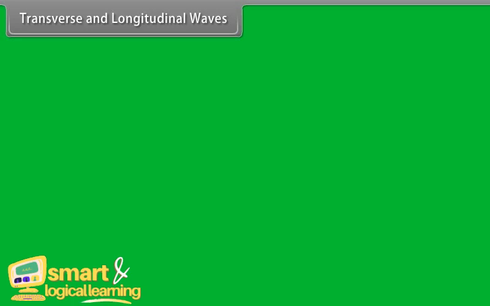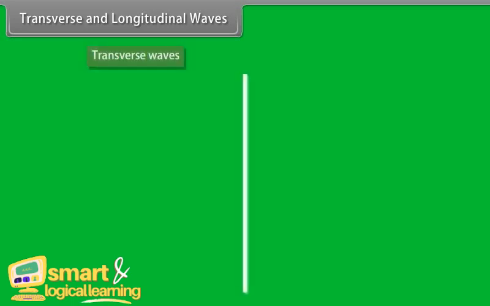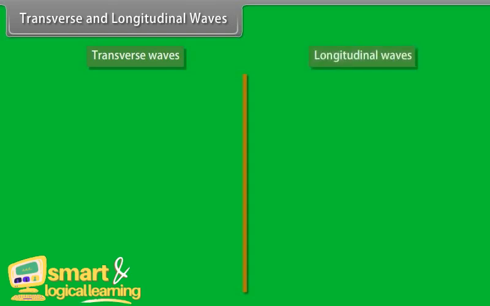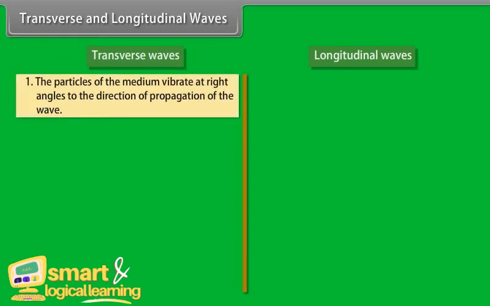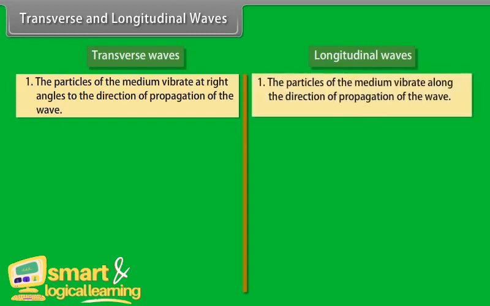Transverse and longitudinal waves. Let's make difference between transverse waves and longitudinal waves. Number 1. In transverse waves, the particle of the medium vibrate at the right angles to the direction of propagation of the wave, whereas in longitudinal waves, the particles of the medium vibrate along the direction of propagation of the wave.